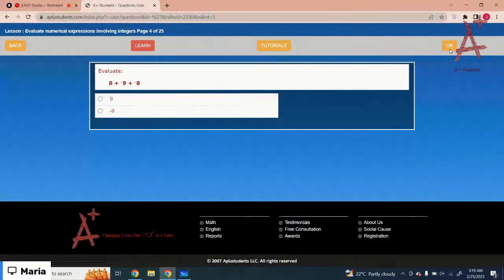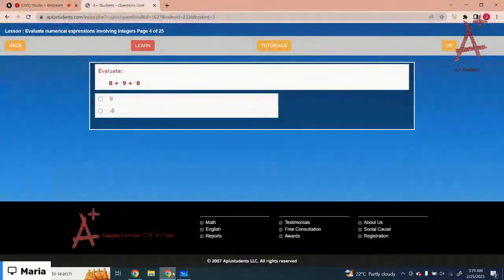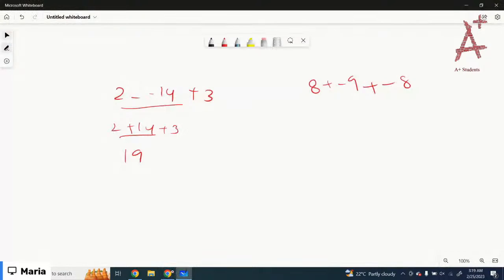Okay, the next one is 8 plus negative 9 plus negative 8. Got it? You have to solve this one.